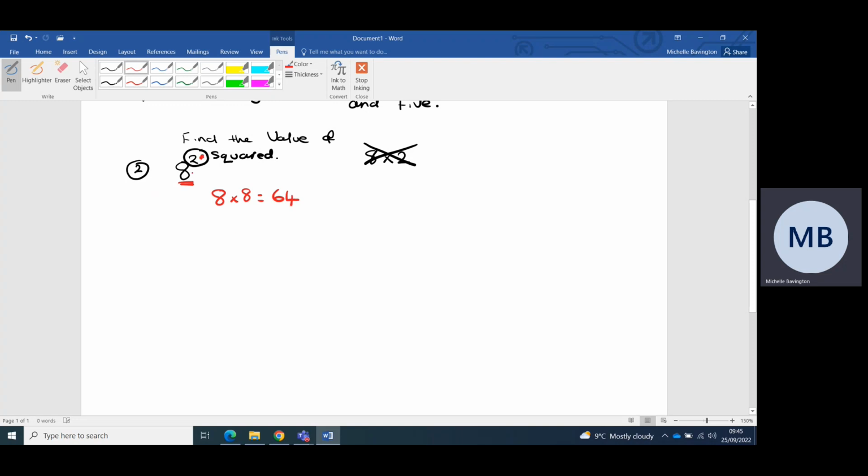That means how many times you times that number by. So let's say we had, I don't know, let's say 3 with a small 3. That there means actually cubed.